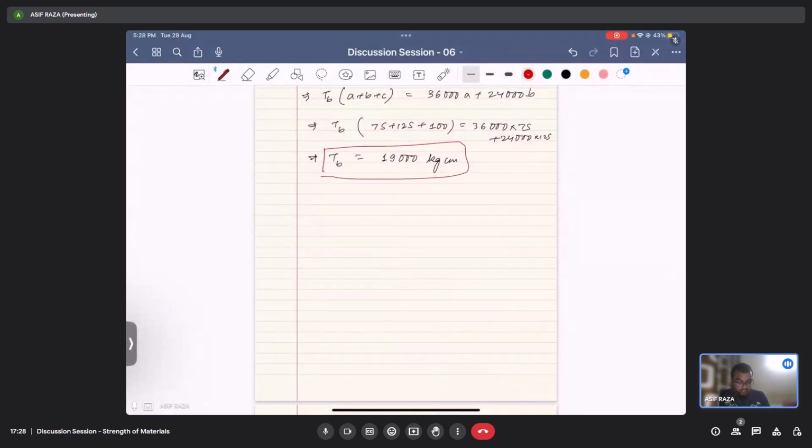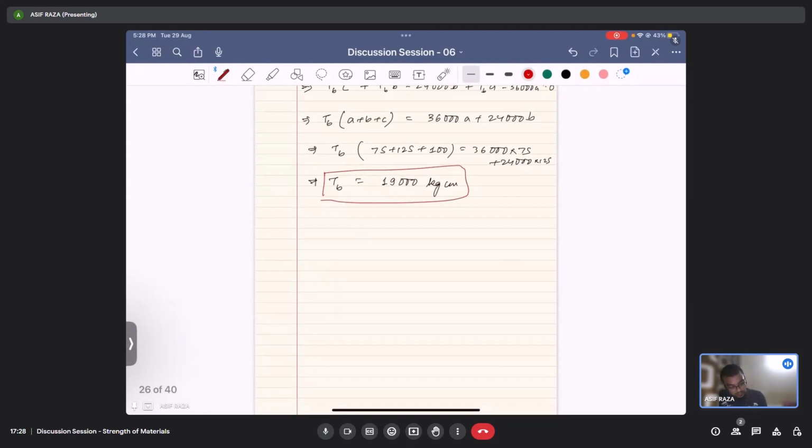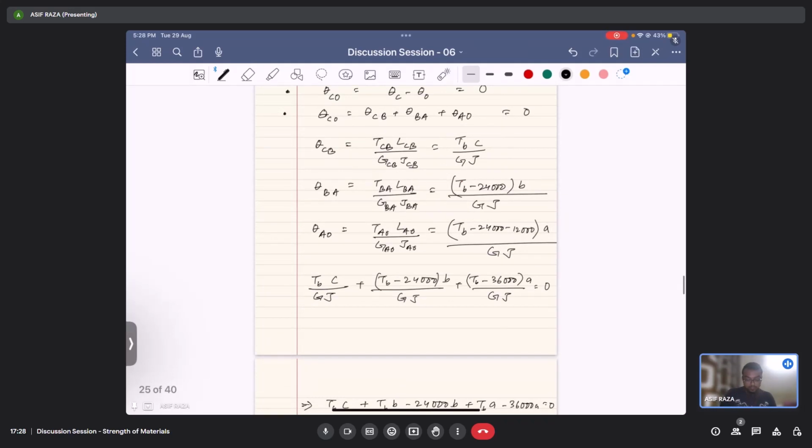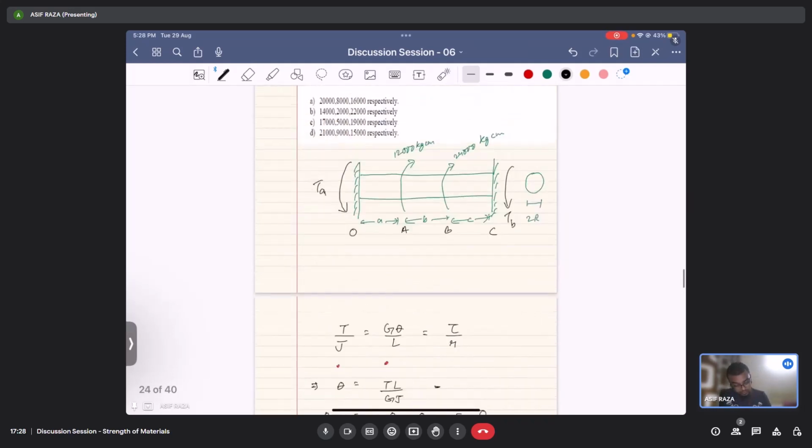Now TA can be calculated using the torsion equilibrium or moment equilibrium equation.